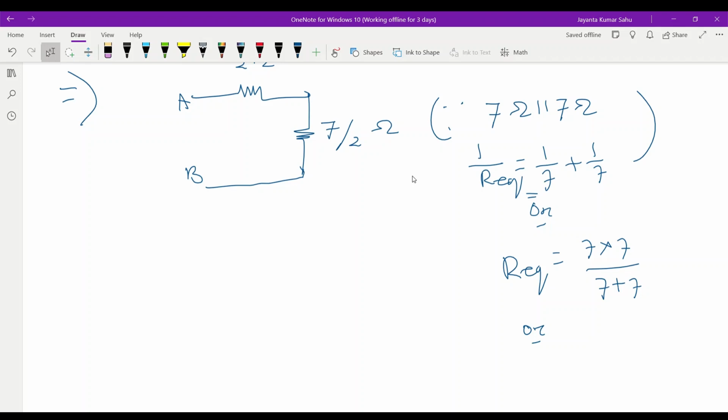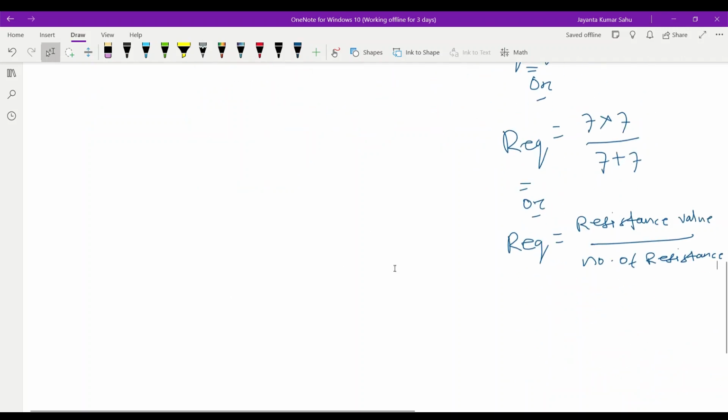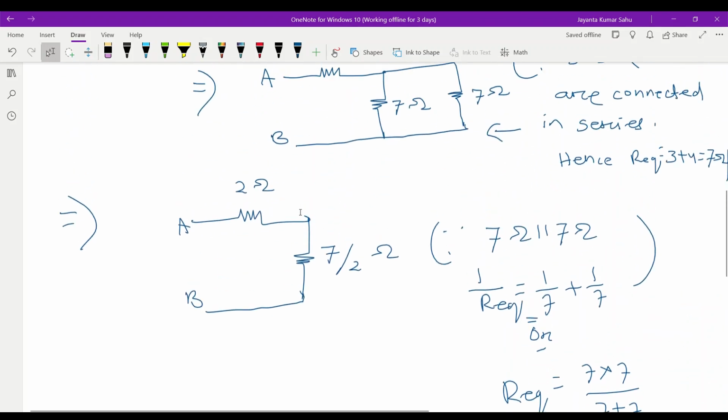Or, since the resistances have the same values and are connected in parallel, the formula is the resistance value divided by the number of resistances. The condition is that both have the same values. The resistance value is 7 and the number of resistors is 2, so 7 by 2 ohm. Any method we can apply so that we can easily calculate the equivalent resistance.